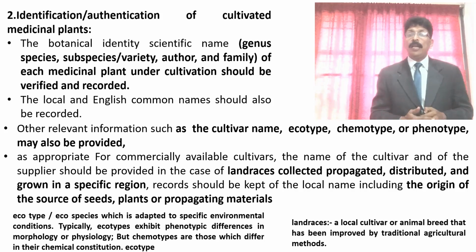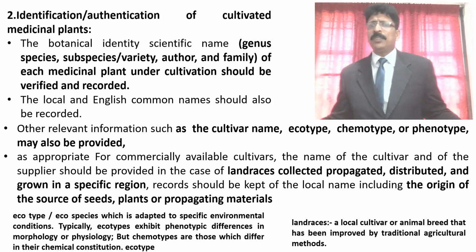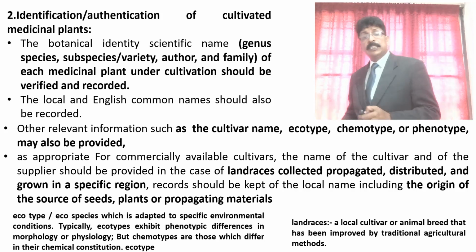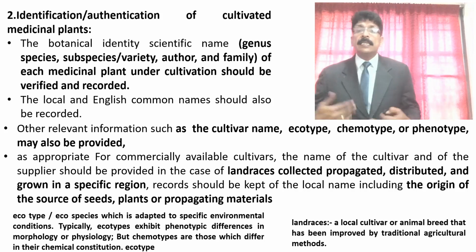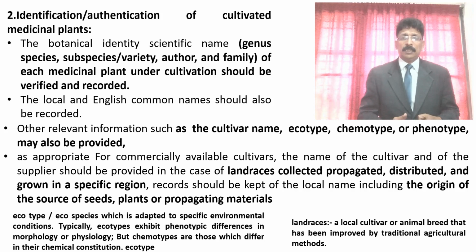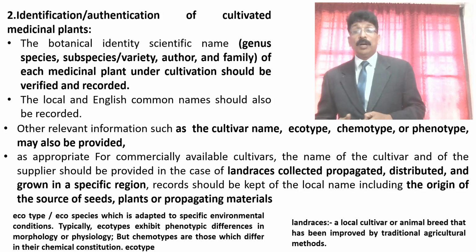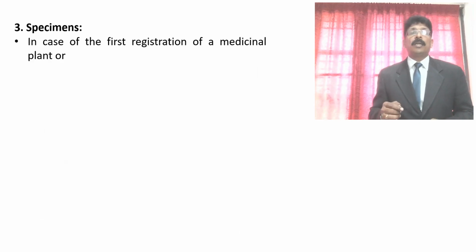Landraces means the name is not known, and it is a local cultivar or animal breed improved by traditional organic agriculture methods. But you have to keep a record regarding that. That is the second one, identification of the plant.